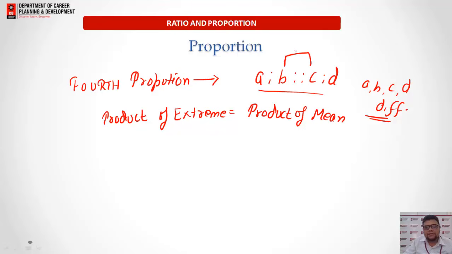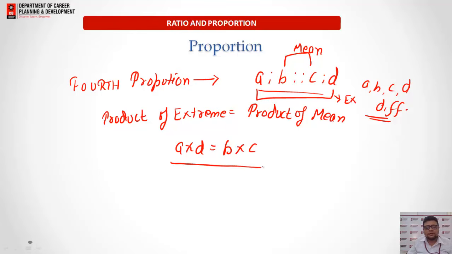Here B and C will be the mean values and A and D will represent the extreme values. So it will be A multiplied by D equals B multiplied by C. Must remember this formula to find all the values of this proportionate values A, B, C and D. Any three of them will be given to you and you have to find the fourth one.